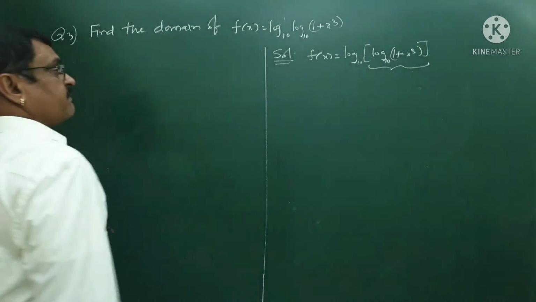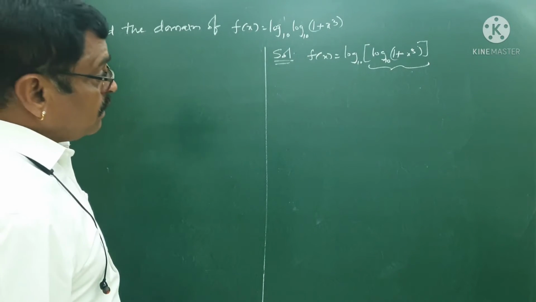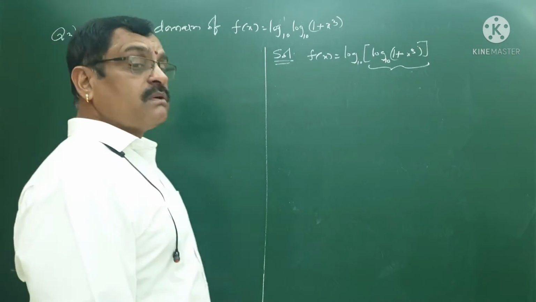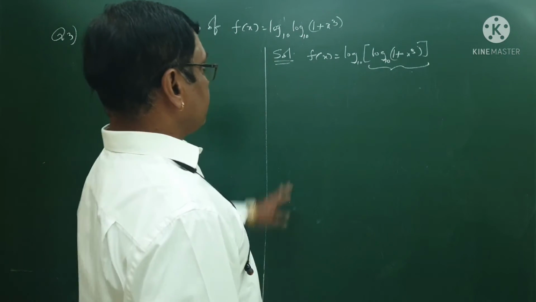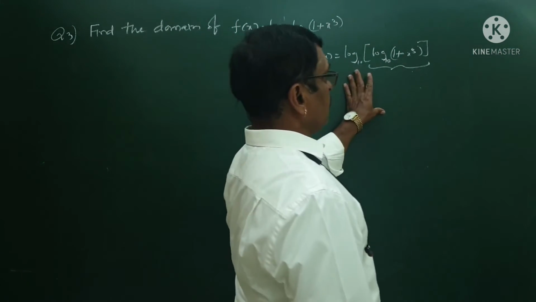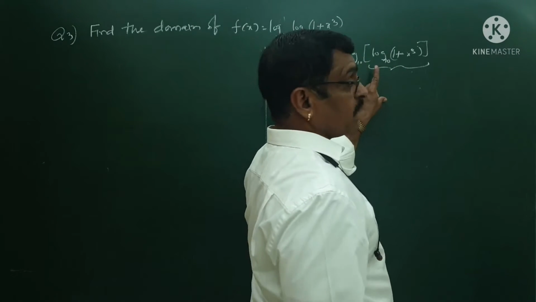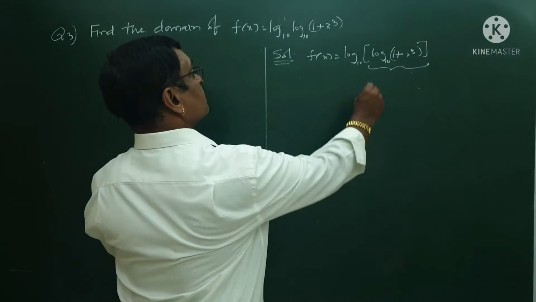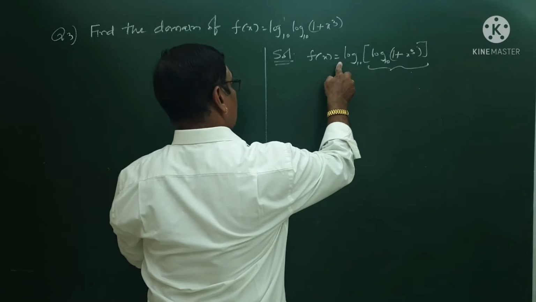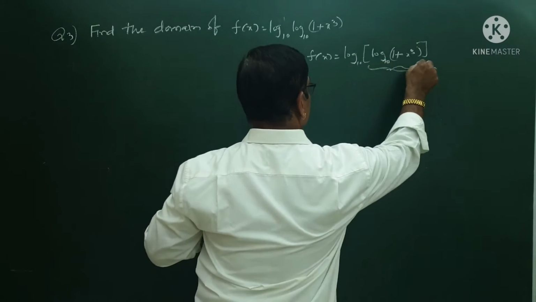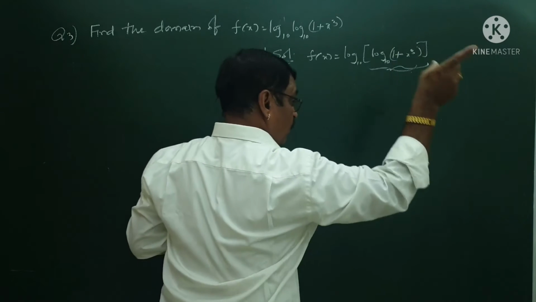Find the domain of f of x is equal to log of 1 plus x cube base 10. Okay, f of x is equal to log of 1 plus x cube base 10. Here also we have two logarithms. First one, I consider this part, log of something, and this expression must be more than 0.